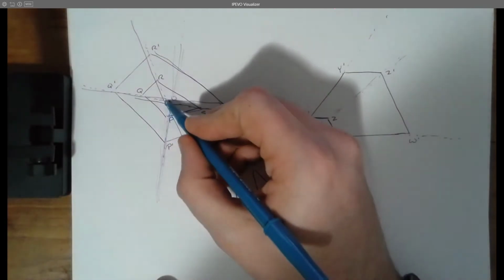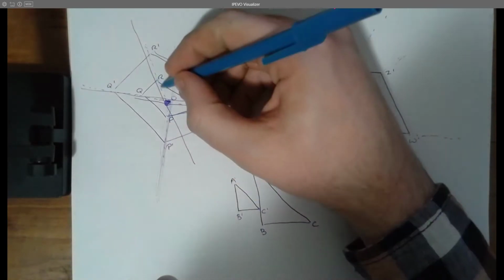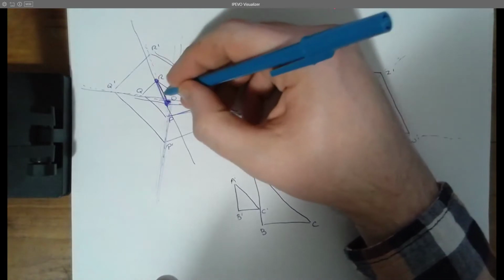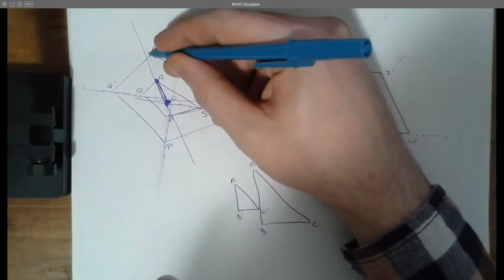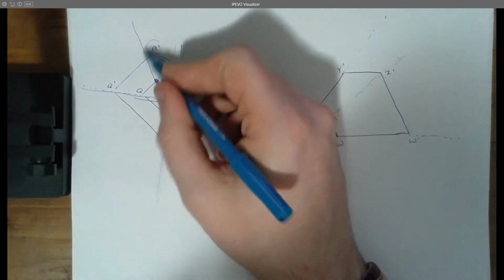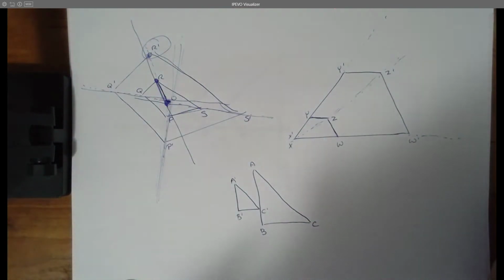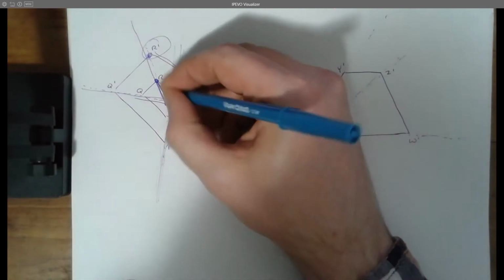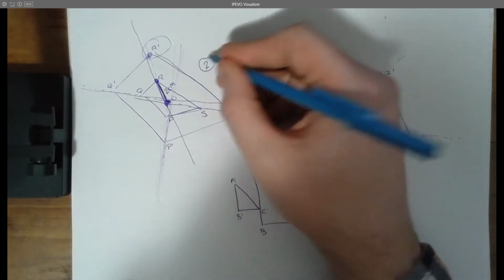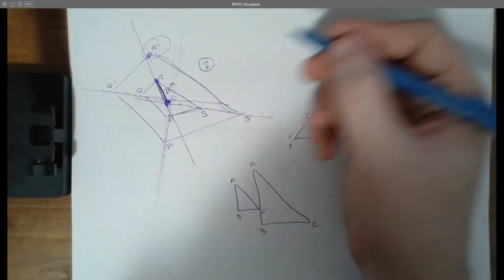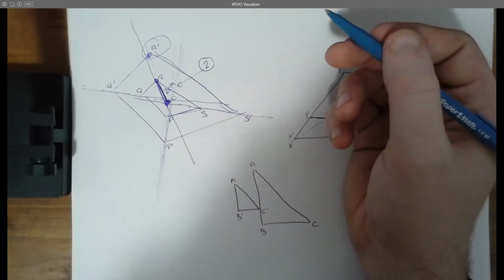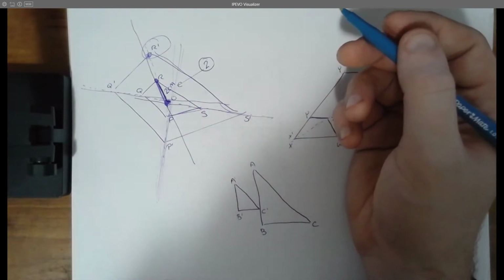And if we start at this center here and figure out this distance to the point of the original shape, and then multiply that by the scale factor, we figure out where the point of the image is going to be. So in this case, if this is, let's say, 2 centimeters, this is a scale factor of 2. Then if I multiply the scale factor by the original length of the object, I'm going to get the image length.